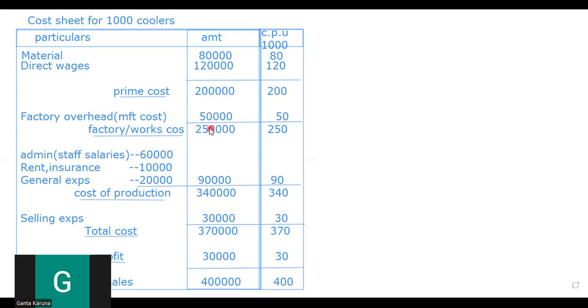So how am I going to do it? We know manufacturing cost is 50,000. We know prime cost is 2 lakhs. So 50,000 divided by 2 lakhs, it is going to be how much? It is going to be the percentage we are going to get. So for that I'm trying to find out the percentage of manufacturing cost on prime cost.